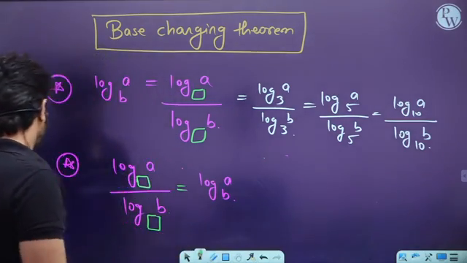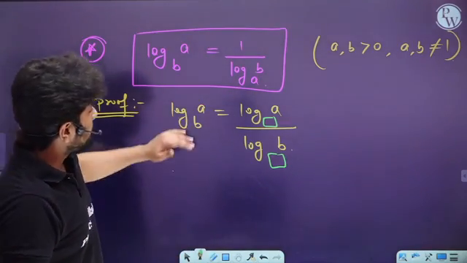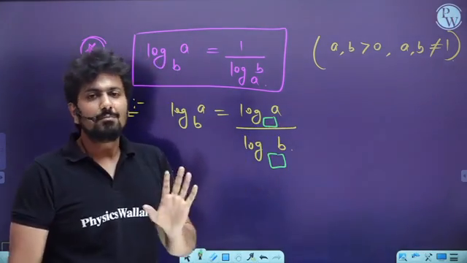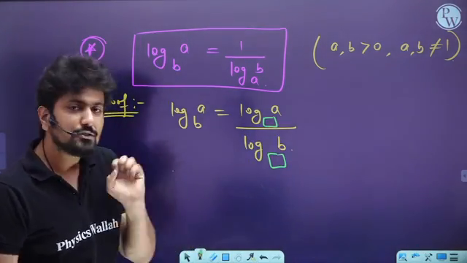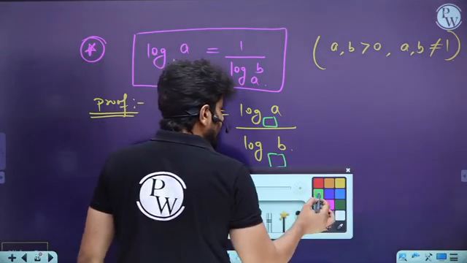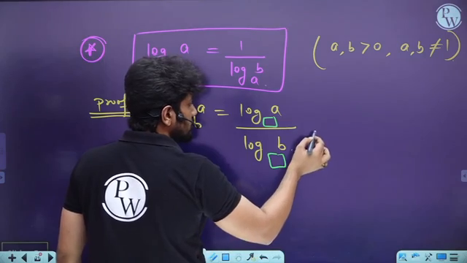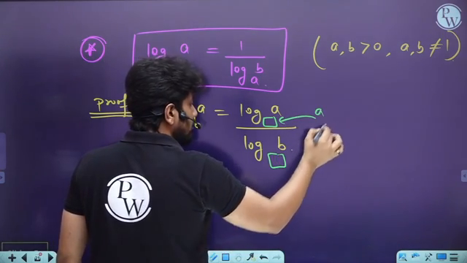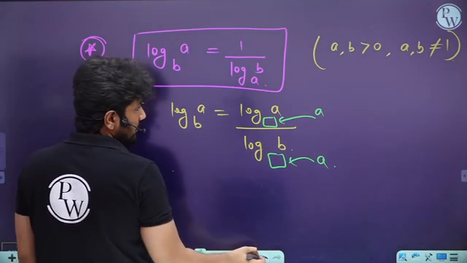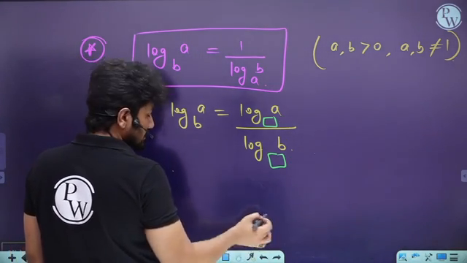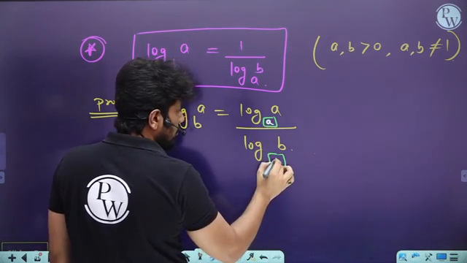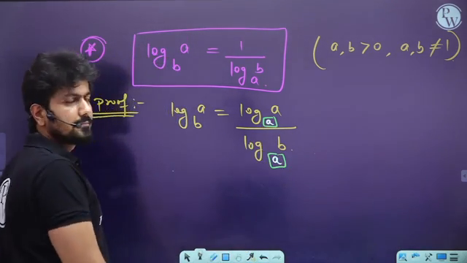That's the thing. So log of a to the base b is log of a to some base upon log of b to some base, and we can choose this base. Suppose I choose the base as a only. Then you can write this as log of a to the base a upon log of b to the base a.